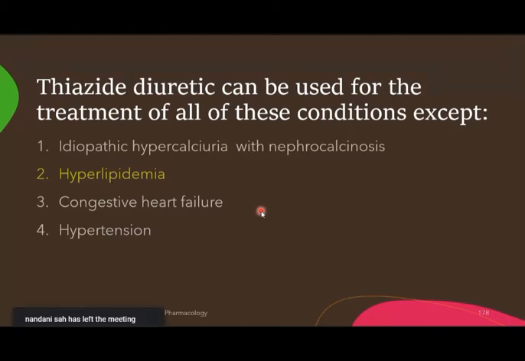So whenever you give thiazide-like diuretics to an idiopathic hypercalciuria patient with nephrocalcinosis, what happens is that thiazide-like diuretics enhance the absorption of calcium. With increased absorption of calcium, there will be less calcium excretion in the urine. Therefore, it can prevent nephrocalcinosis.